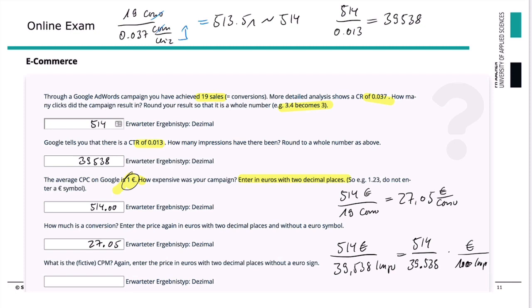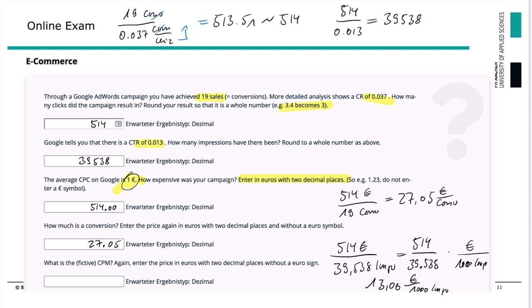Now I can simply put it in the calculator again. I'll divide it by 39.538. I get more or less exactly 13 euro for 1,000 impressions.